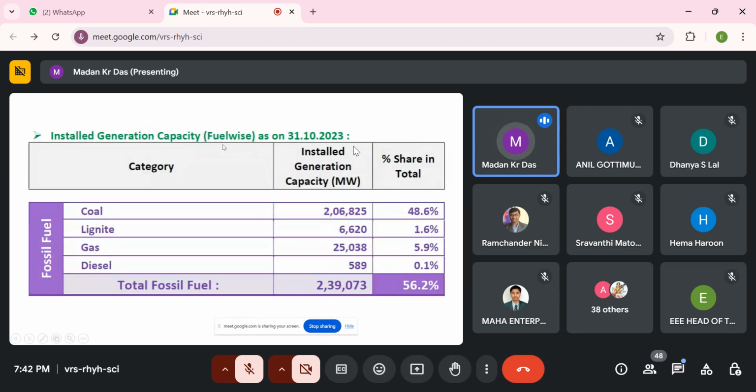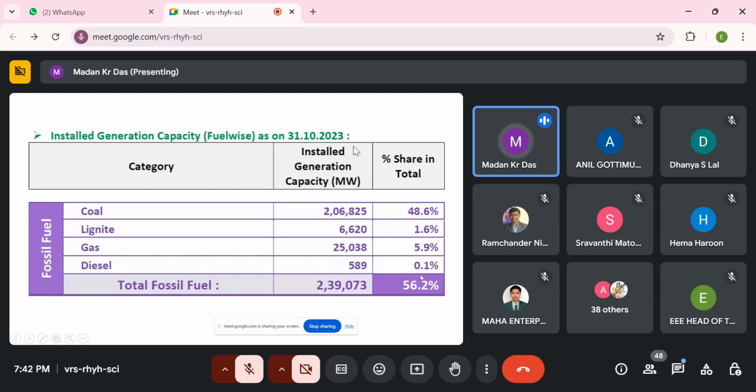Installed generation capacity, fuel-wise, on the same date. Suppose we have coal, this megawatt capacity and 48.6%. Lignite, this capacity and 1.6%. Gas, 25,038 megawatts, and a share of 5.5%.